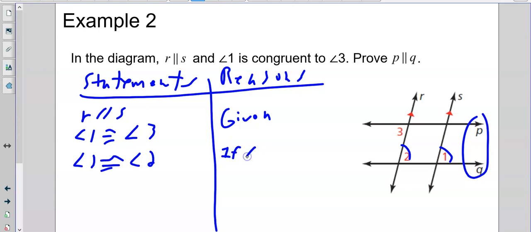If lines are parallel, then corresponding angles are congruent. Very abbreviated, but that's enough. If we have parallel lines, then corresponding angles are congruent. Okay?